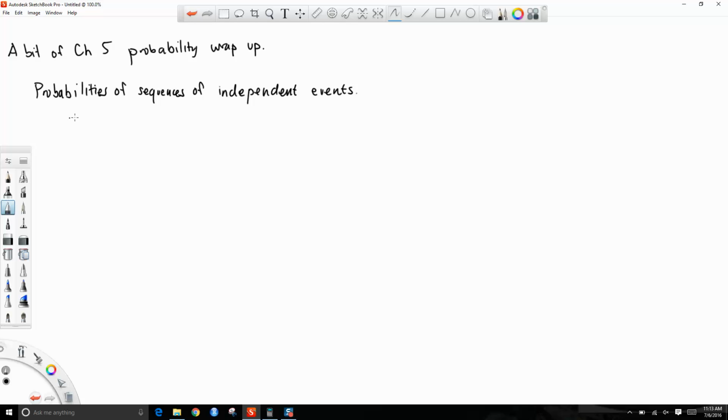And we said something like the probability of A and B is equal to the probability of A times the probability of B as long as A and B are independent.